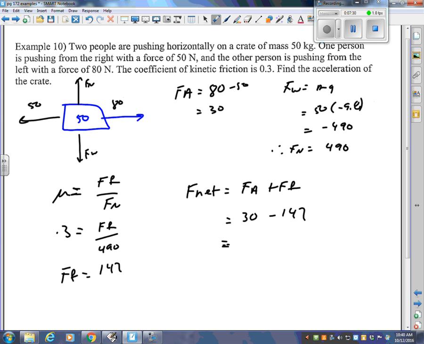The net force is really minus 117. But does this thing go backwards this way? That doesn't make sense, right? So really, that 147 is actually the maximum friction force. That's why I do this problem. Friction is kind of like teenagers. They only do as much as they have to.